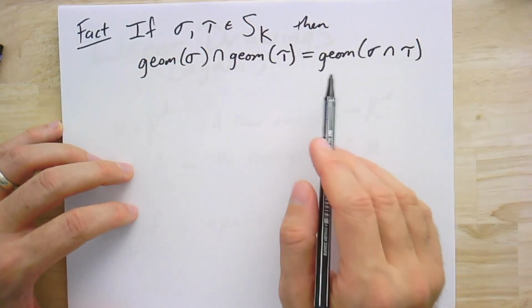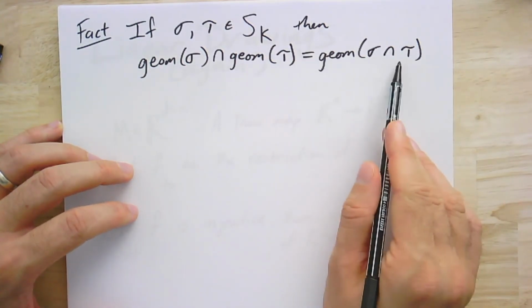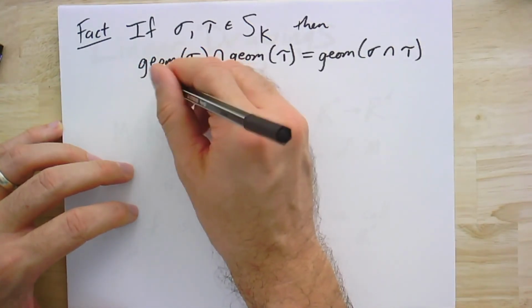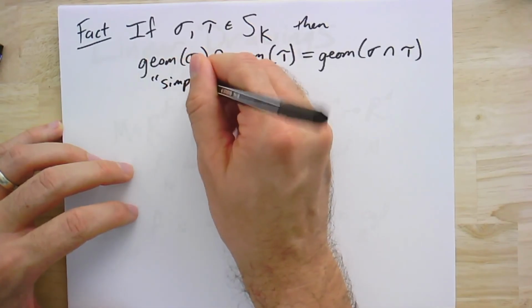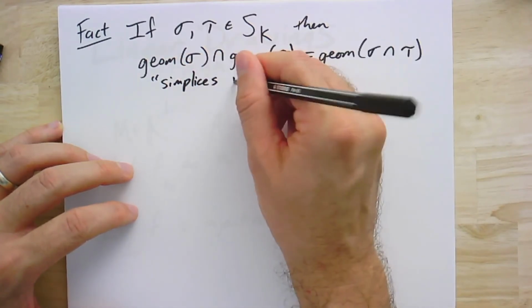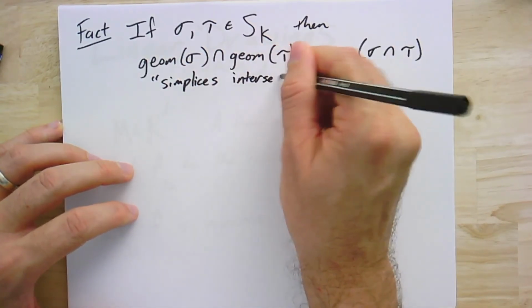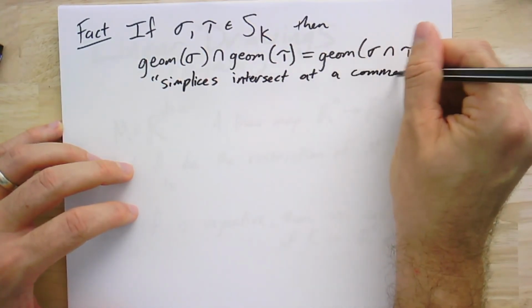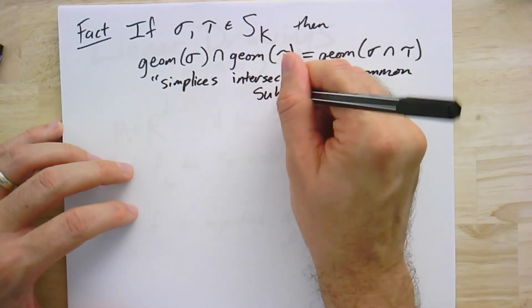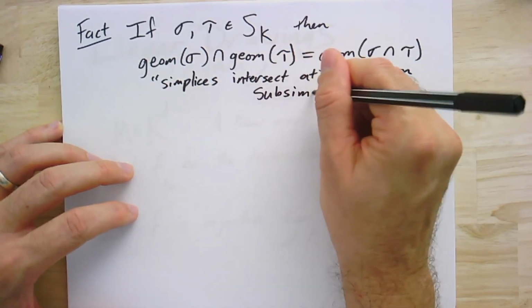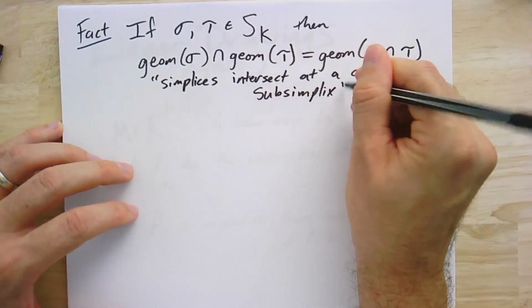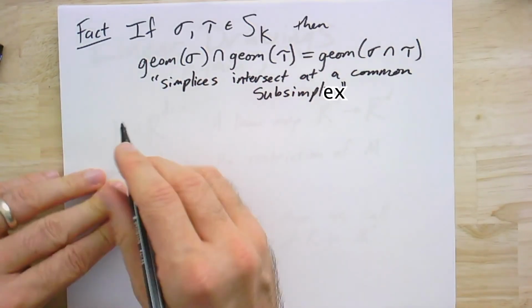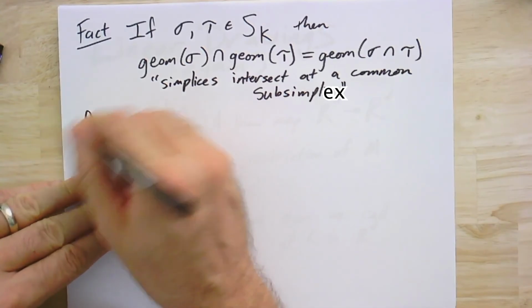That is, they intersect at some common subsimplex. So this is maybe the way this is phrased colloquially: simplices intersect at a common subsimplex. But of course, when you say this, we are talking about simplices after embedding them in Euclidean space. So let's prove it.